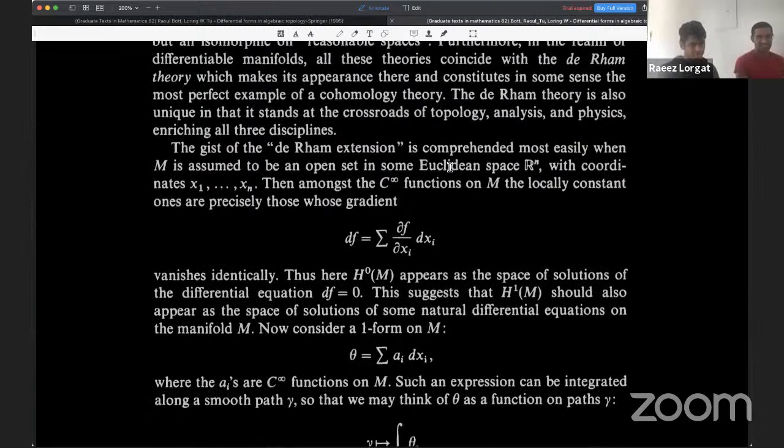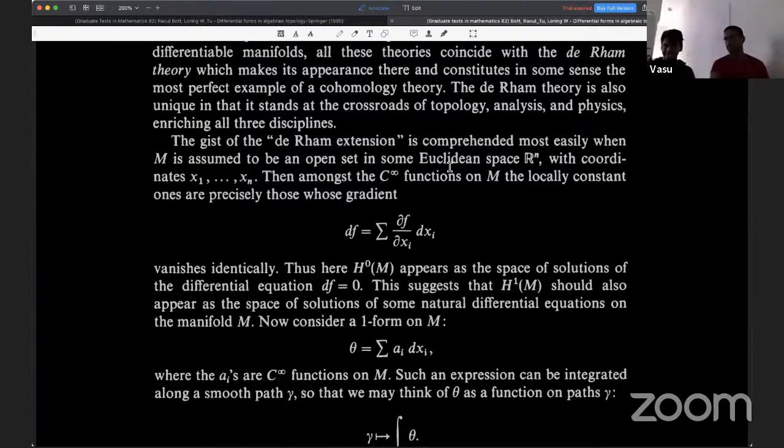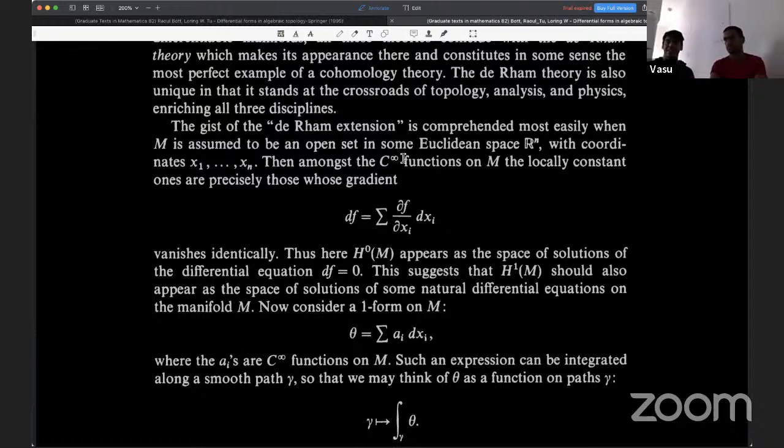So let's actually do things extremely explicitly now. We're going to try to define these higher cohomology groups, the analogs of H0, which are simplified duals to pi k, and we're going to define them purely in terms of smooth, differentiable functions. So let's simplify the space that we're probing.